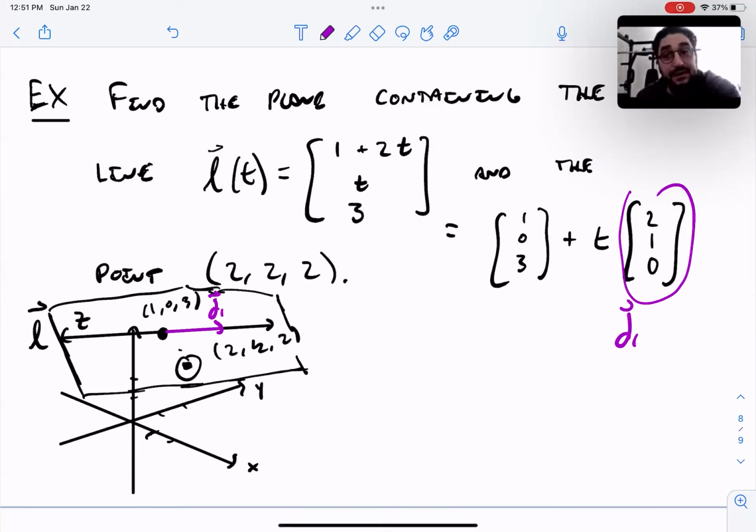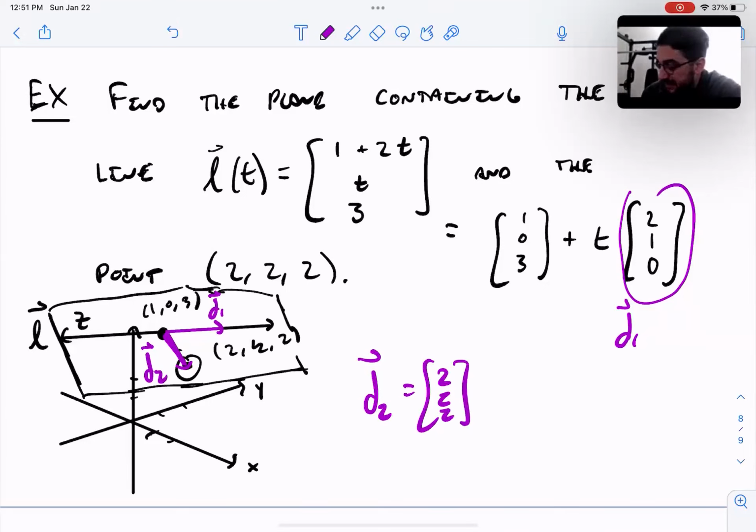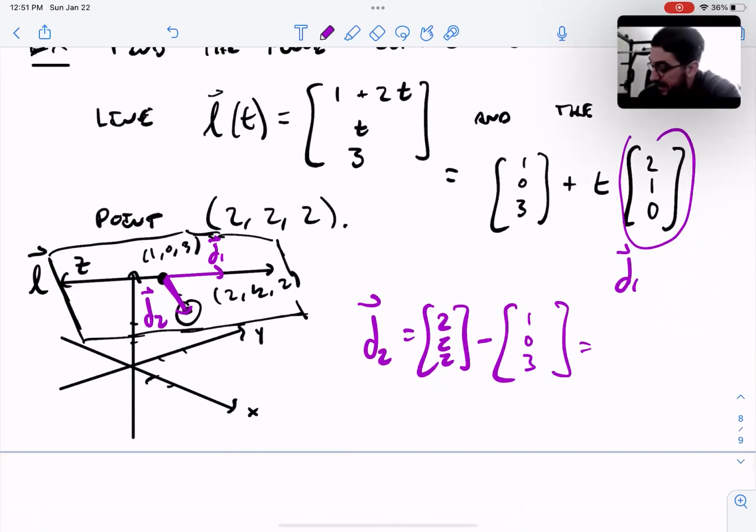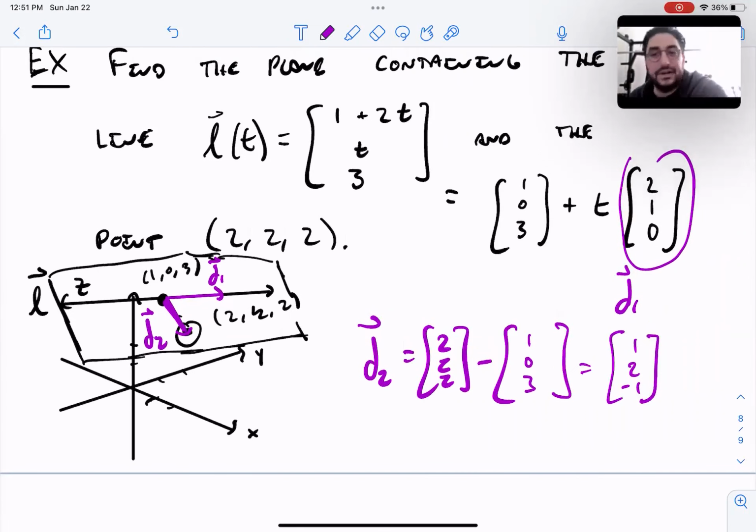There's D1 right there, because we want the plane to contain this line anyhow. And now the second direction vector, this is very similar to the previous exercise. Take 2, 2, 2 minus that initial point from the line, 1, 0, 3, and that will get you your second direction vector. This would be 1, 2, minus 1.